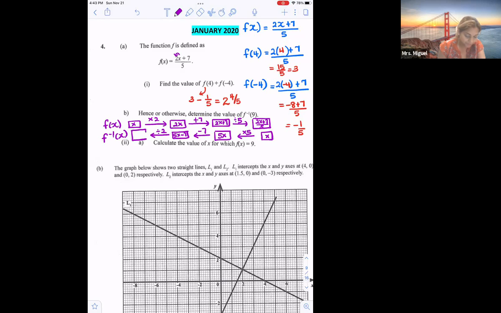So my inverse function is 5x minus 7 over 2. So f inverse of x is 5x minus 7 over 2. Find for me now f inverse of 9. So go ahead.